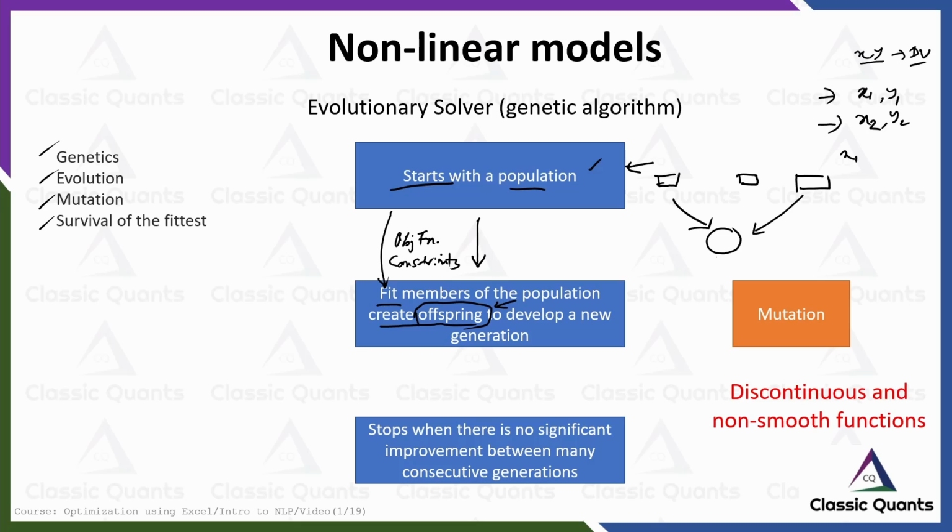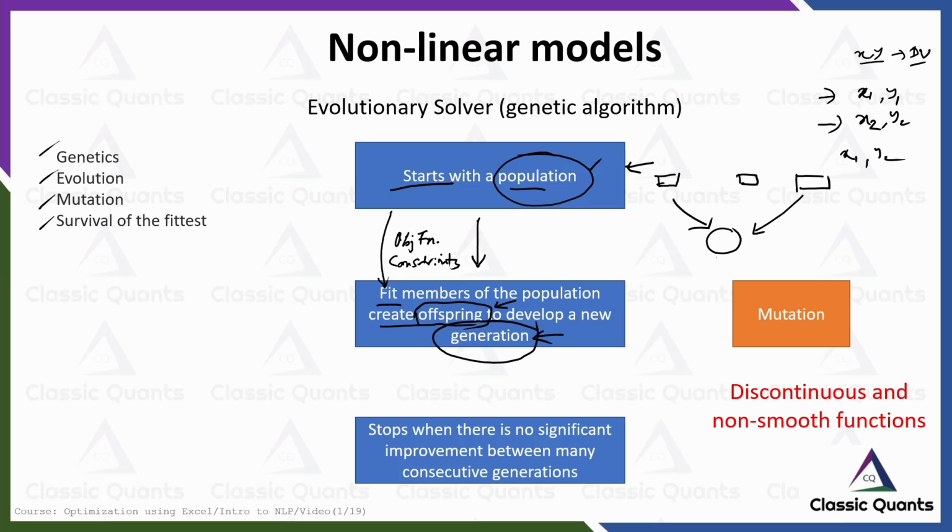An offspring will be x1 and y2. They will mix the outcome of the two solutions, and the mixture will be called an offspring. All these offspring will create a new generation. So first there was an initial population, then offspring were created, and a new population or new generation is created from the offspring.